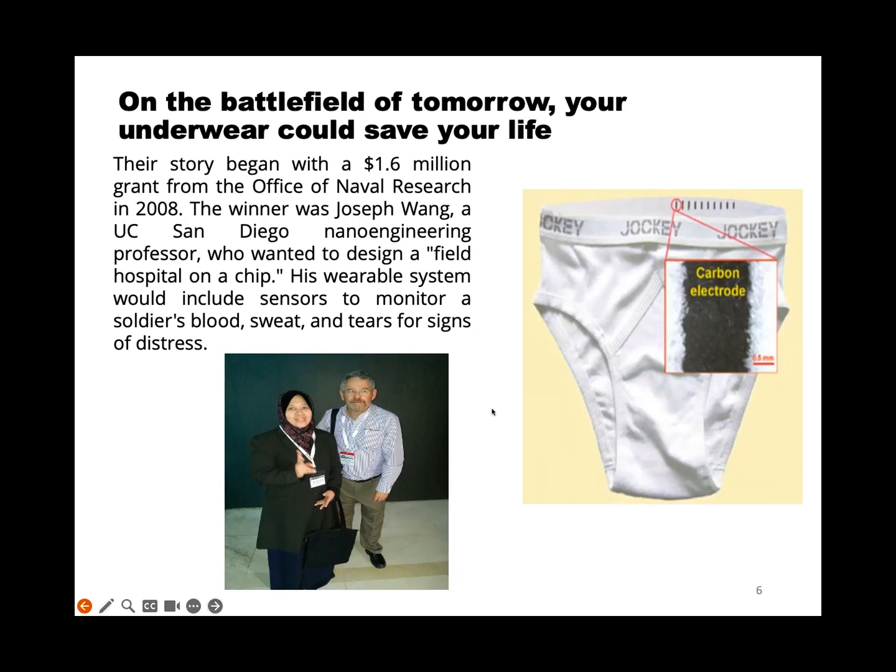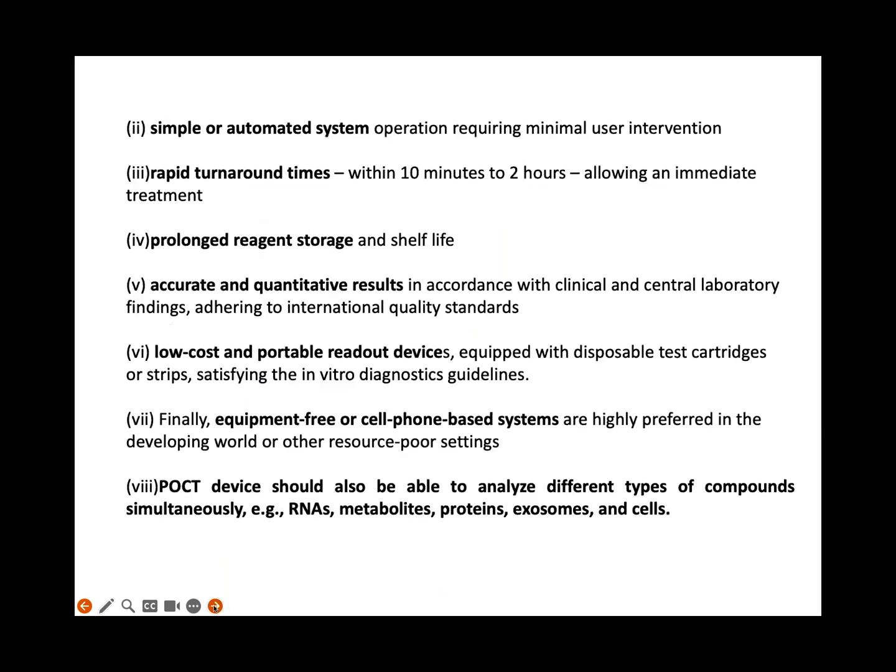So this is the goal, but I think it was not successful. I don't know for what reason. I never heard about this smart underwear. All right. I don't know about the project. Probably it is secret. Probably, I don't know.